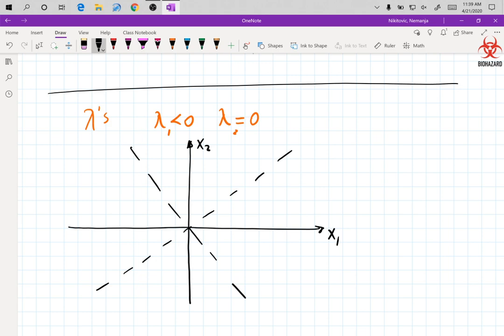to v1. So if this is my v1 vector and this is my v2 vector, my solution curves will be parallel to v1, but both going towards v2. So parallel to v1, parallel to v1.